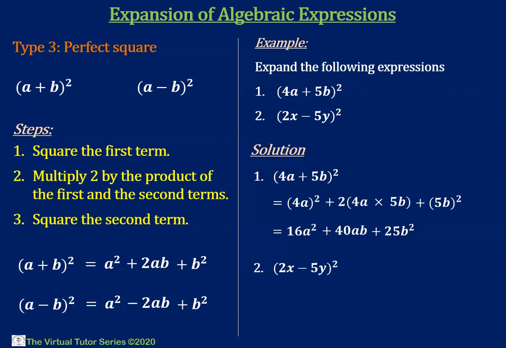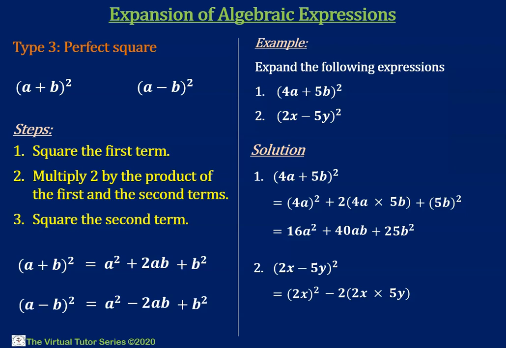Example 2. Into bracket 2x minus 5y, bracket close, all square. The square of the first term is (2x) all square. 2 times the product of the first and second terms is 2 into bracket 2x times 5y, bracket close.